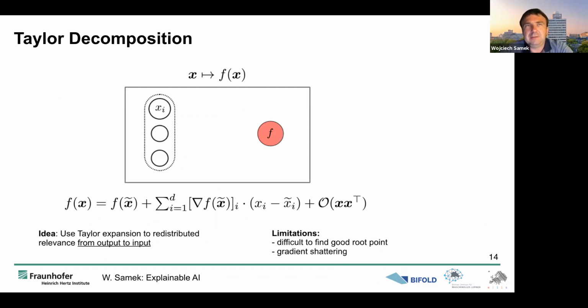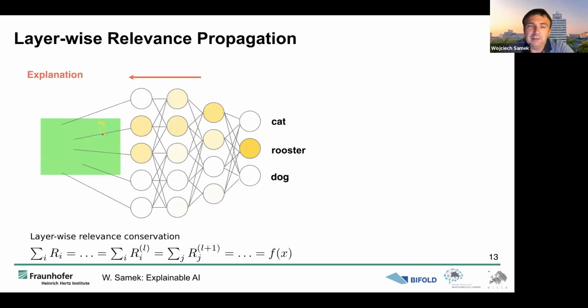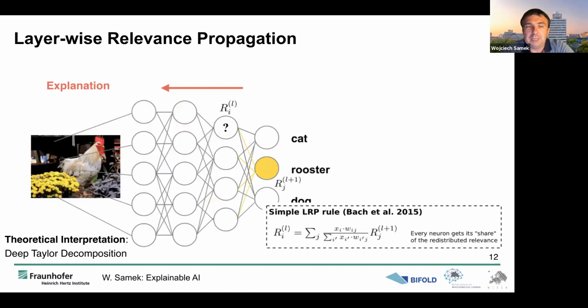Ideally, it should also lie on the manifold of your data distribution. So if you have, for example, images, this should be an image. In this case, ideally, your x tilde would be an image with the same background, but without the rooster.